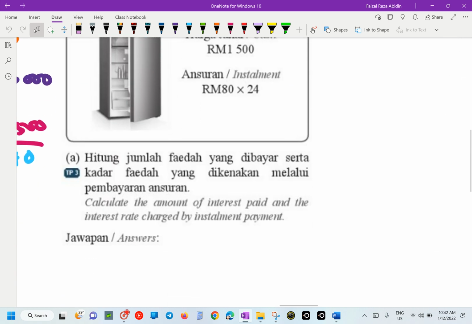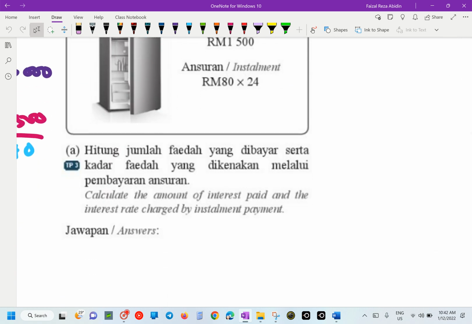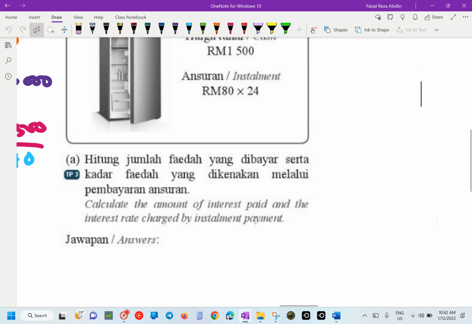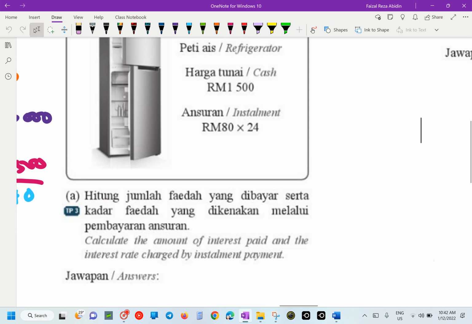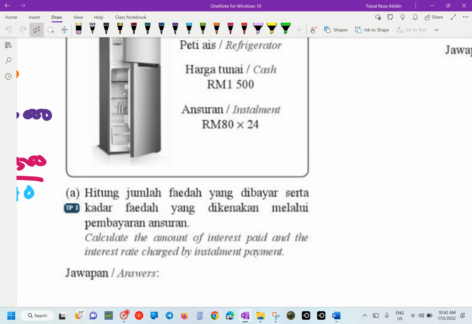Okay, so we are going to calculate the amount of interest paid and the interest rate charged by installment payment. Installment payment is going to be 80 ringgit for 24 months.